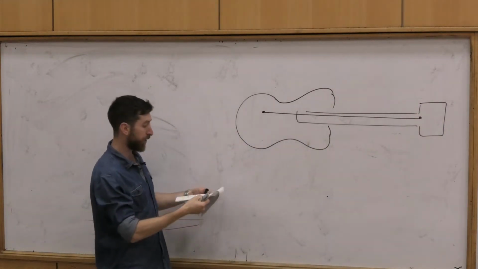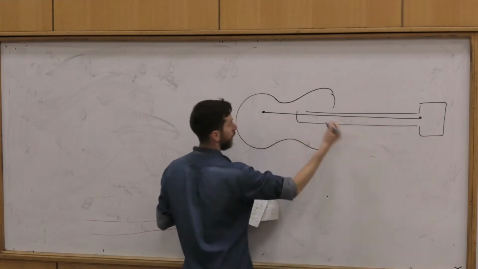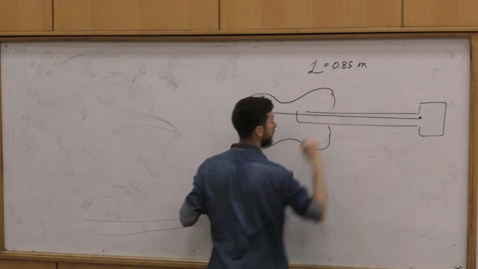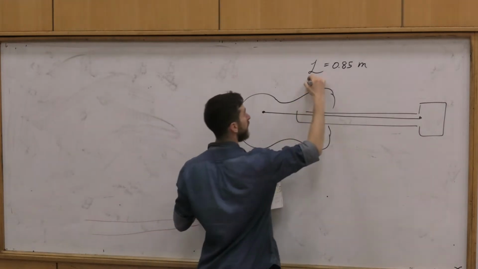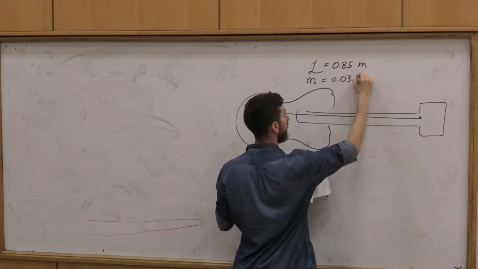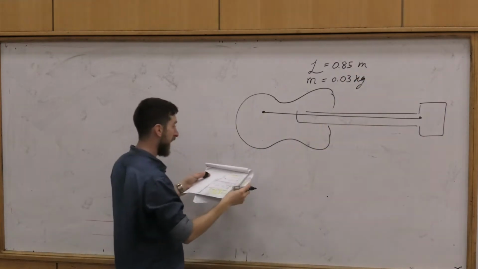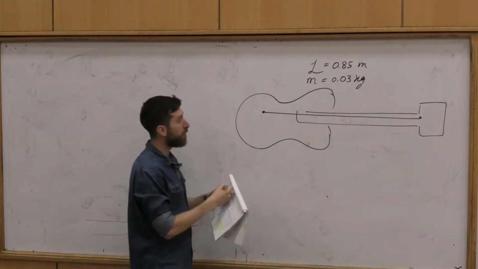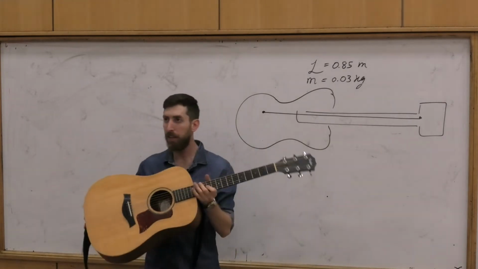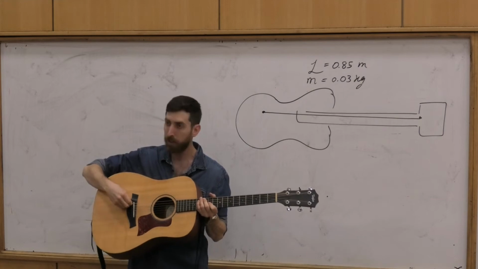Perfect. So the length of the string of the guitar is equal to 0.85 meters. The weight of the string is really light, just 0.03 kilograms. And that's all we need to know. And I want you to notice something. When I have the guitar, here the string is actually attached to it.